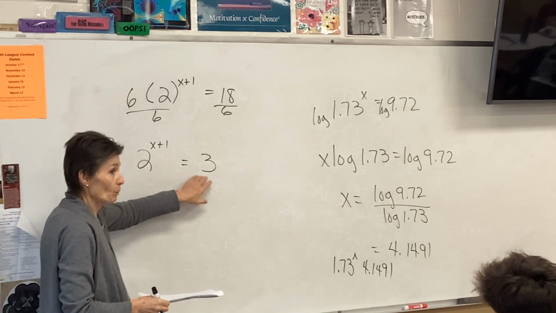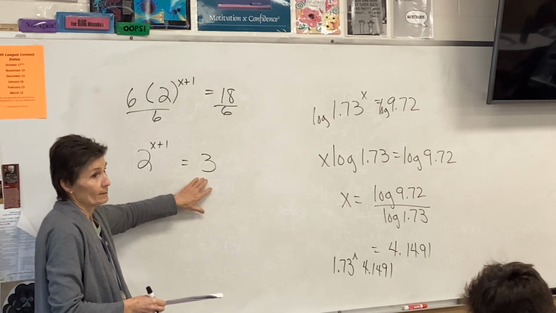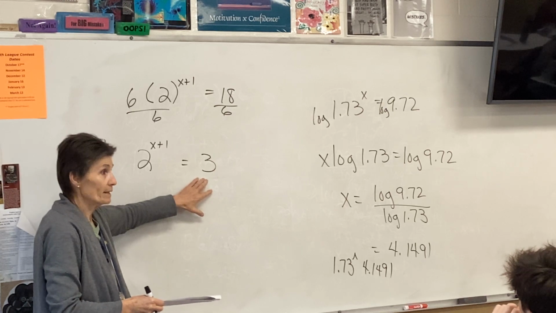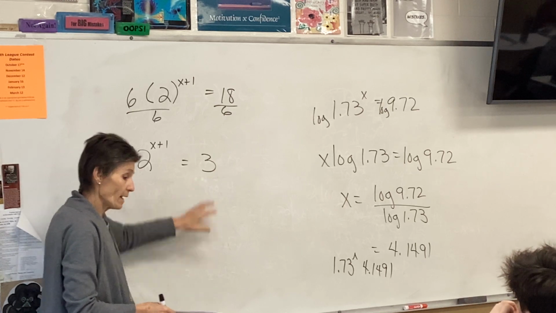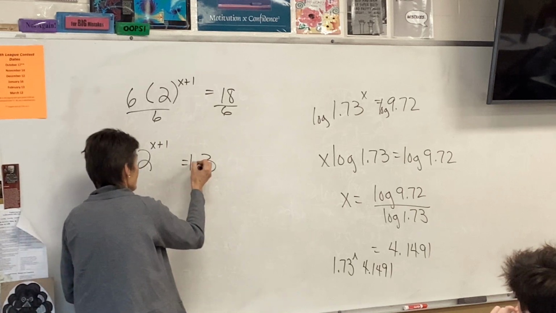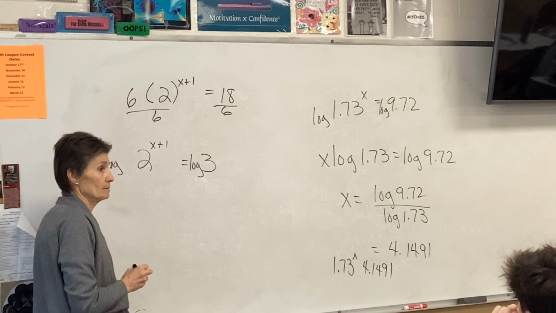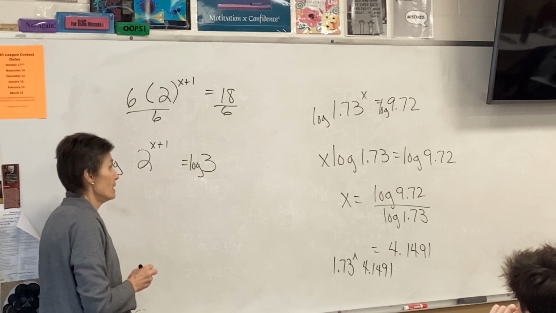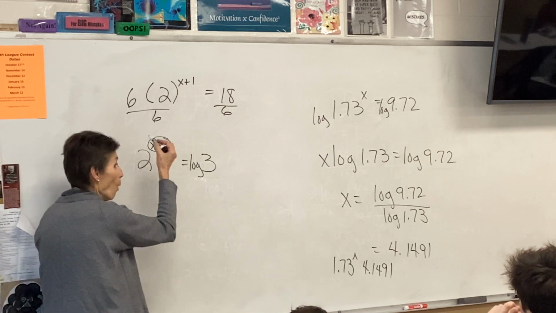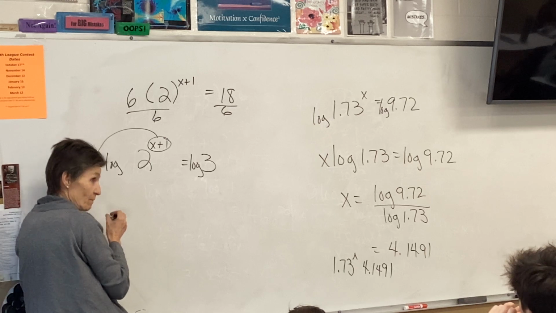Now, if this were a 4, I would be jumping for joy, because 4 is 2 squared, but it's not. So I have no choice but to take the logarithm of both sides. Now, what happens to the exponent? The whole exponent becomes a coefficient.